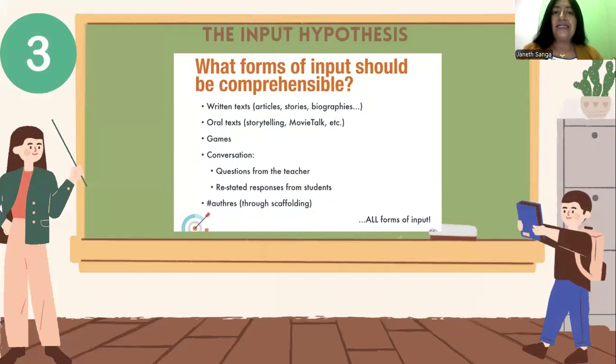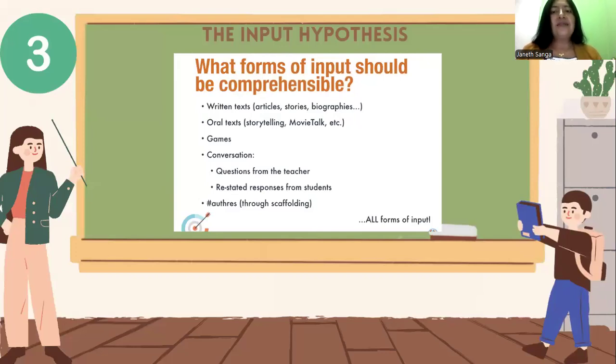So number 3 is the input hypothesis. What form of input should be comprehensible? We need to know how we can apply input activities. For example, it can be reading articles, histories, biographies, oral texting, storytelling, movie talk, games, conversation, questions from the teacher.